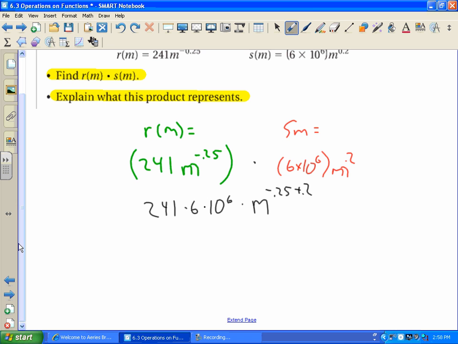I'm going to leave this in scientific notation. That will give me 1,446 times 10 to the 6th. There's almost scientific notation for you. And that's going to be multiplied by m to the negative 0.25 plus 0.2, which is negative 0.05.